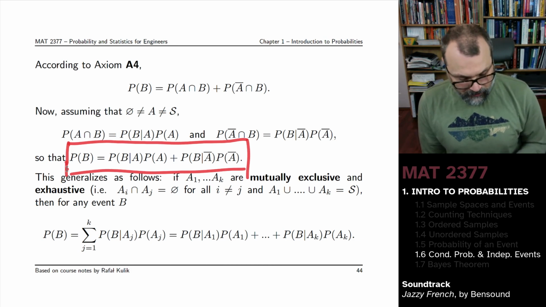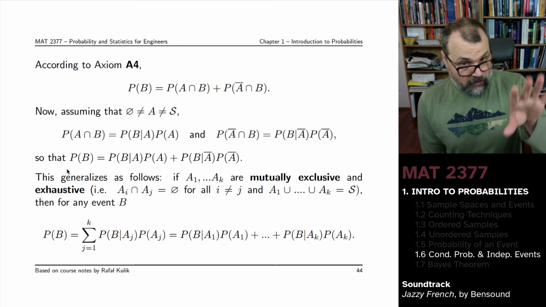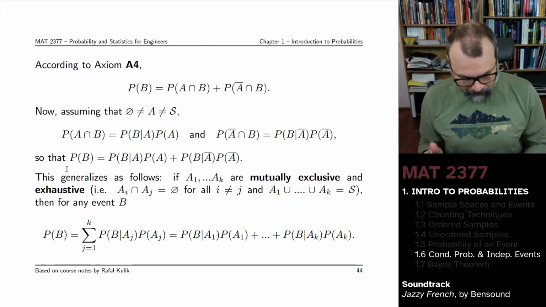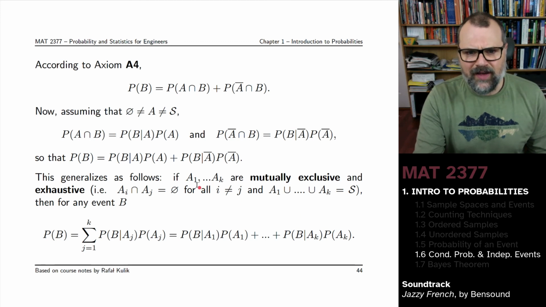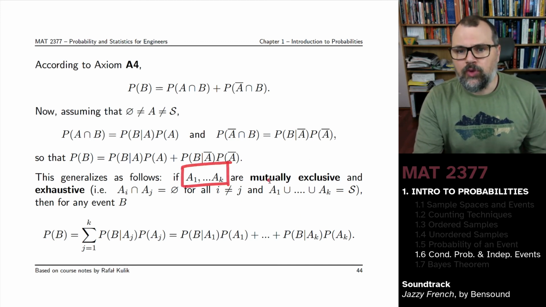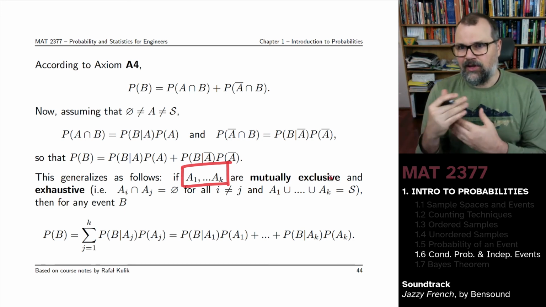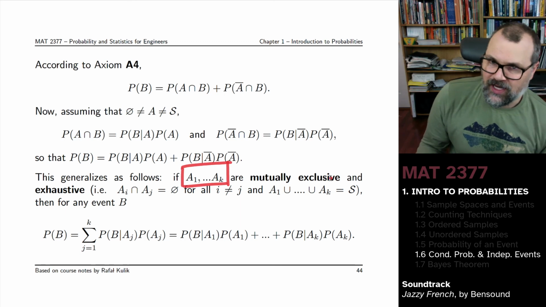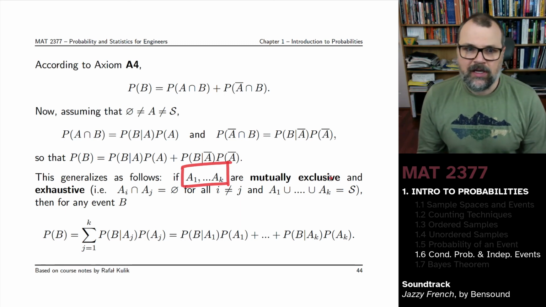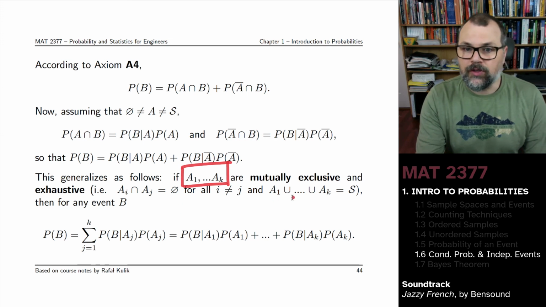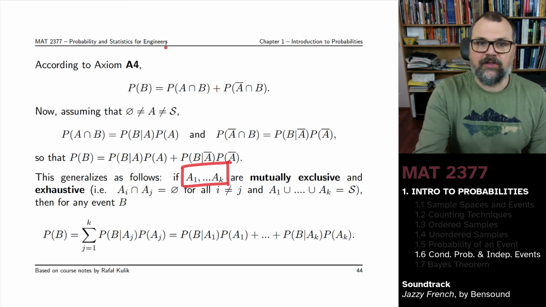It doesn't have to be only an event A and its complement. As long as you find a set of K events, let's call them A1 to AK, that are mutually exclusive, so in a sense none of them have a non-empty intersection, all of the intersections are empty, and that are exhaustive, which means that if you look at their full union, you have the original sample space.